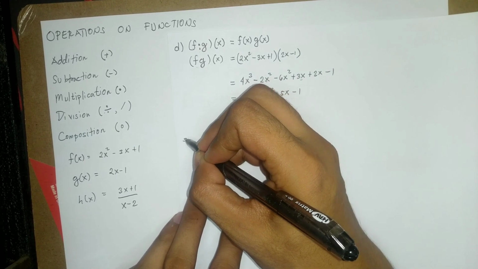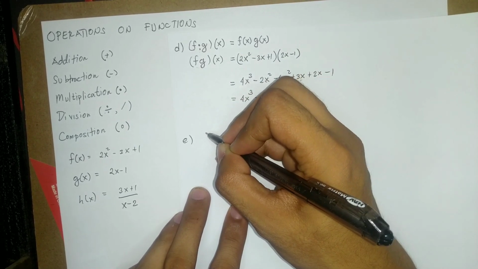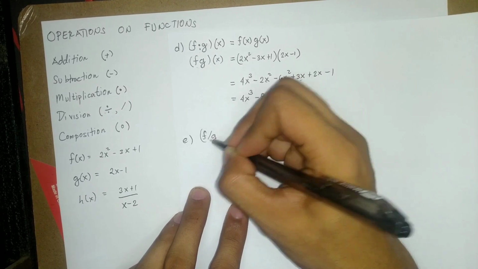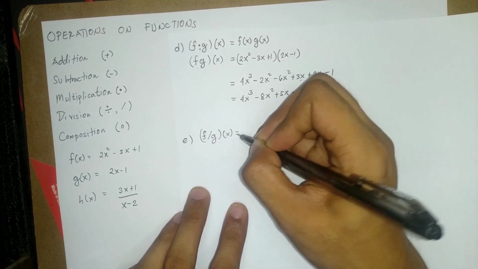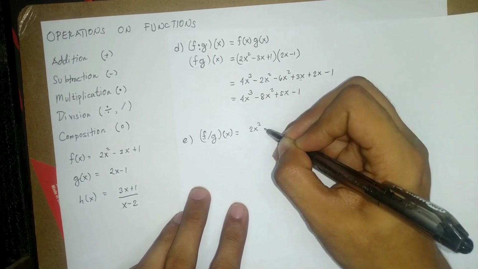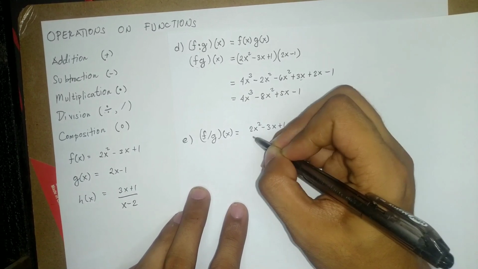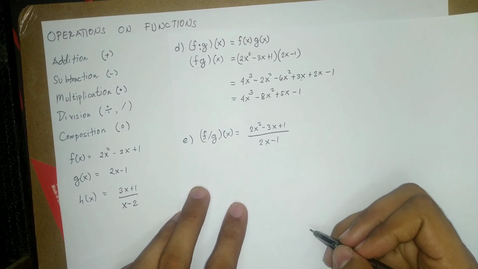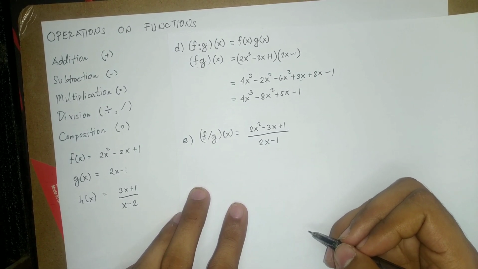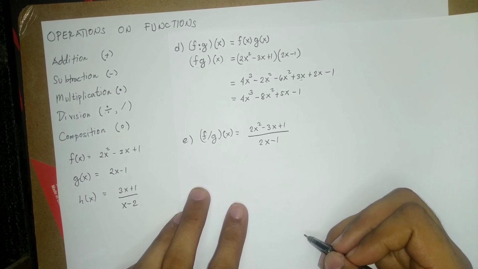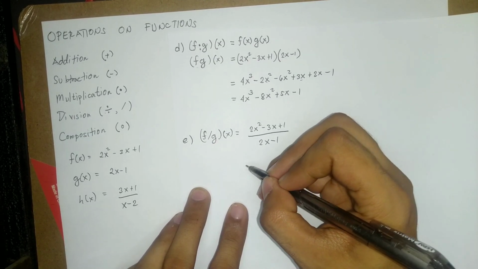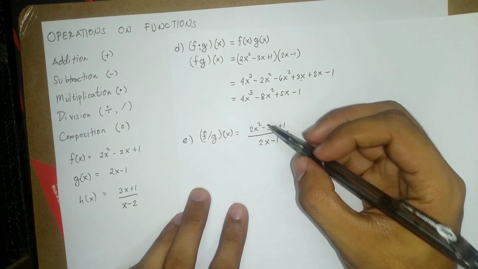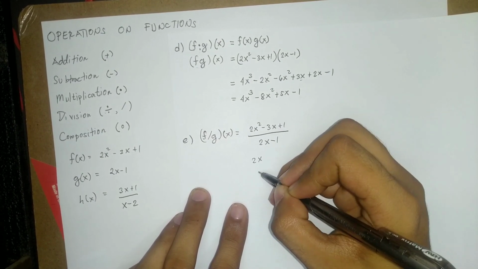In division, so let's just say f over g of x. This gives us 2x squared minus 3x plus 1 over 2x minus 1. If we're going to observe, is our numerator factorable? Let's see. 2x, then we have x here.